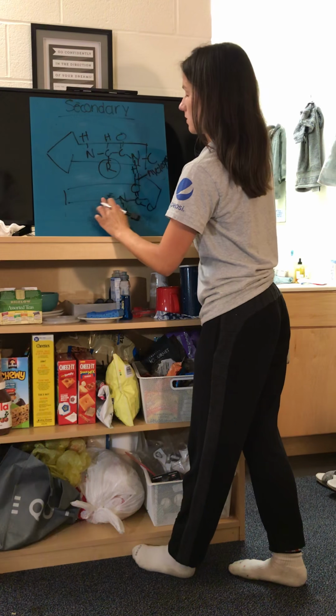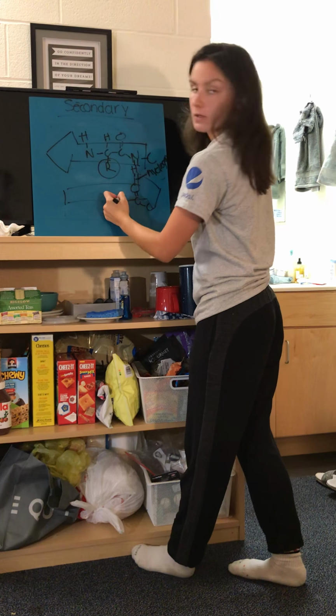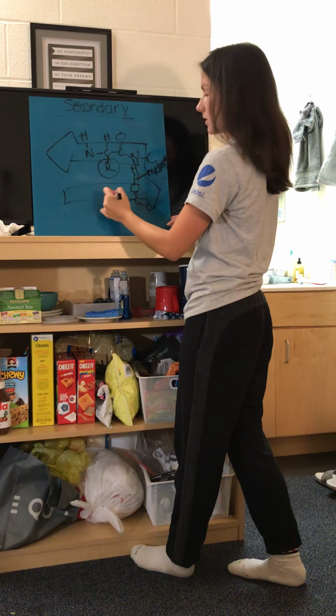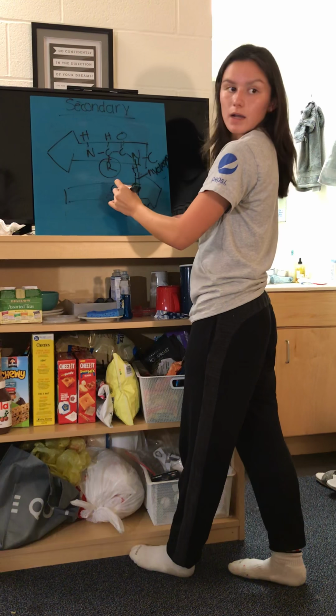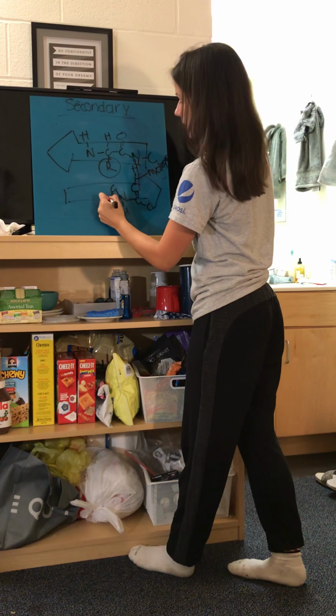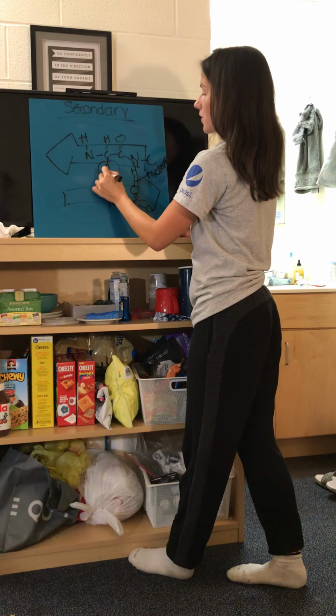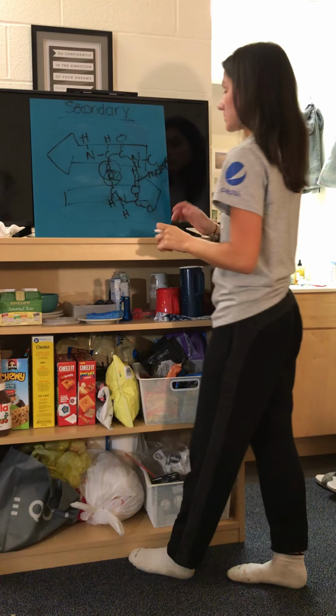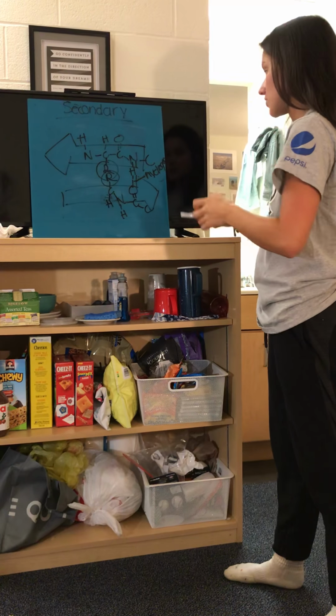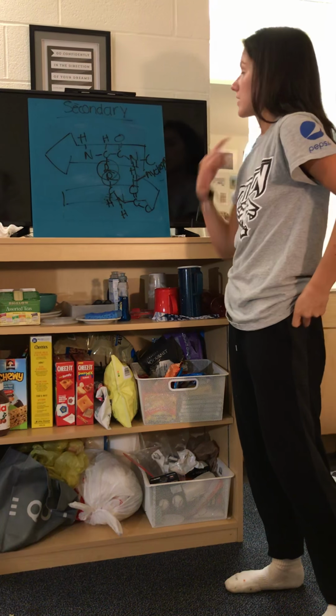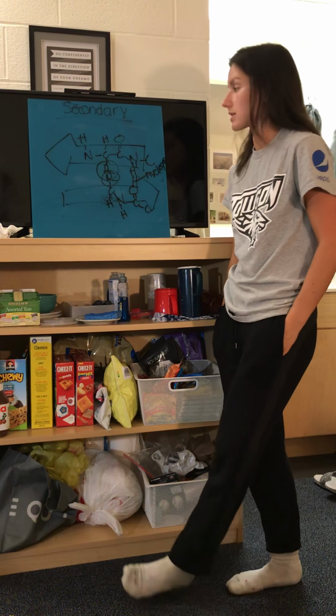Oops, sorry. N, going to C, and H is down here. And then again, your other R group is over up top. So this is what a pleated sheet looks like. Pleated sheets tend to be a lot stronger than a helix.